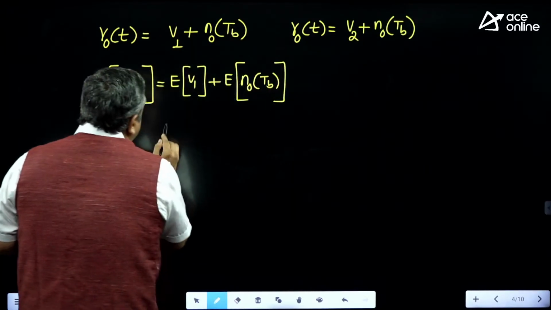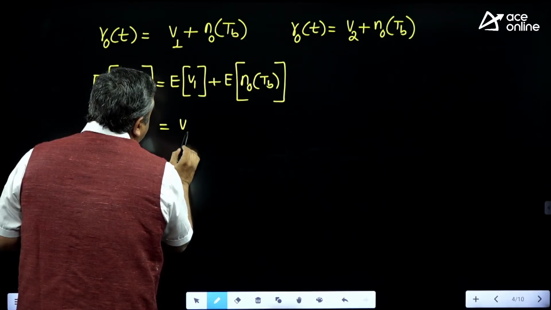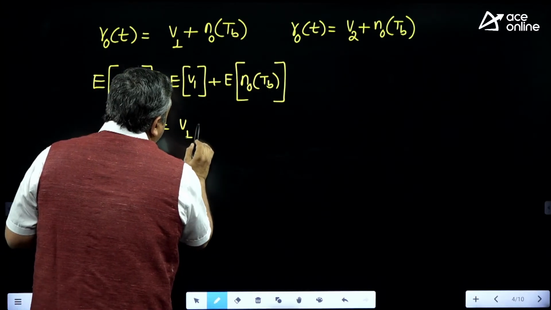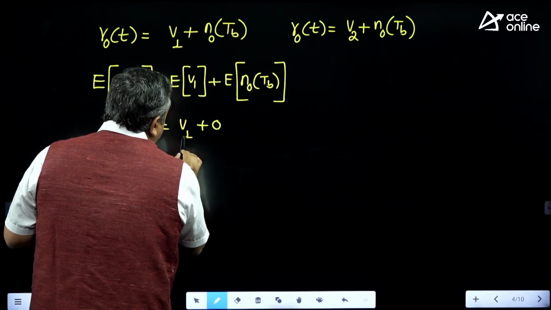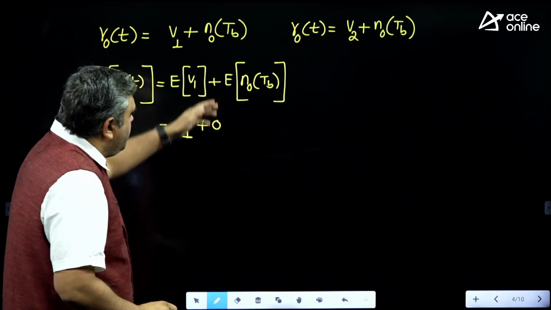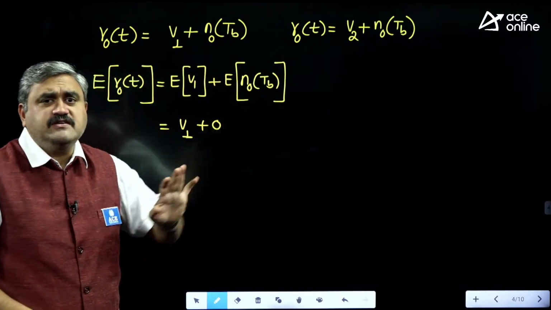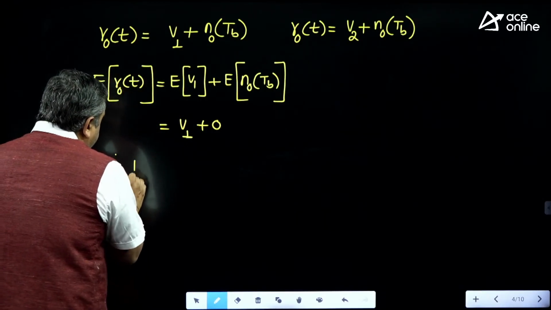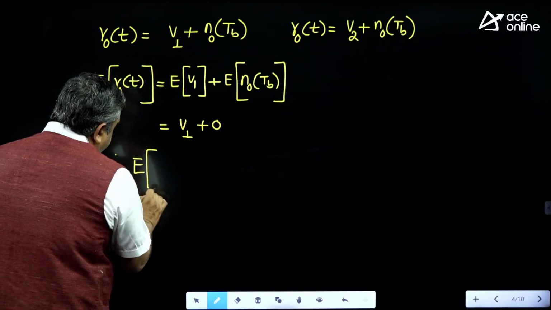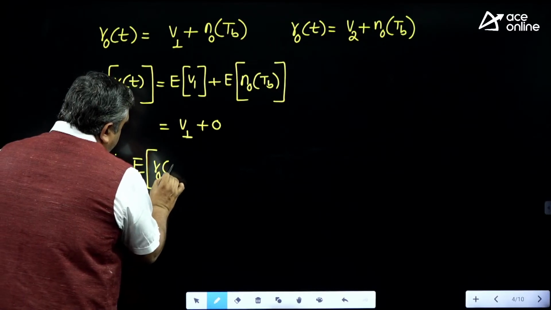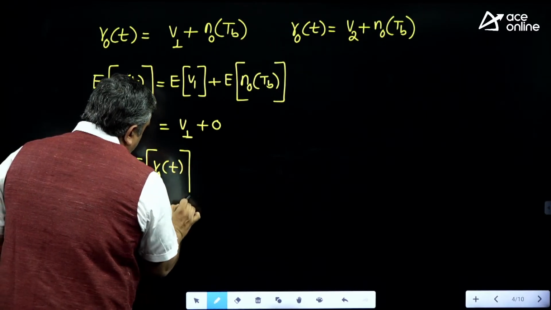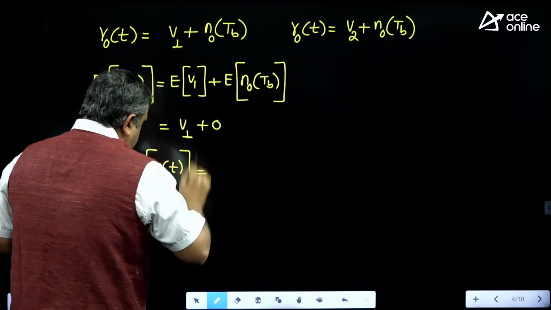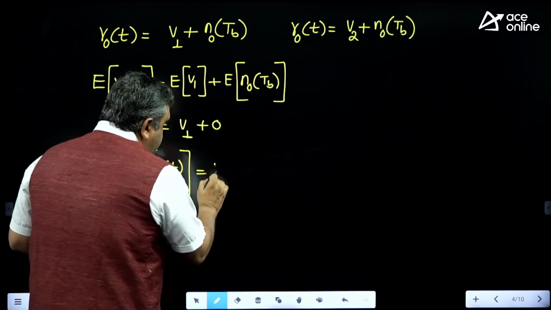You know the expectation of a constant is a constant, and the expectation of this noise component is 0. Because the input noise mean is 0, wherever you calculate the mean at any stage it will be 0 only. That means the expectation of the processed signal coming at the input of your decision making device is V1.